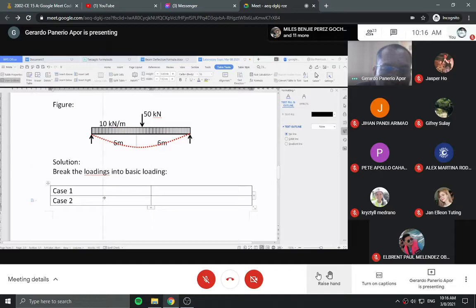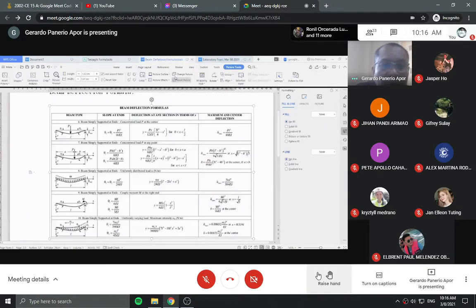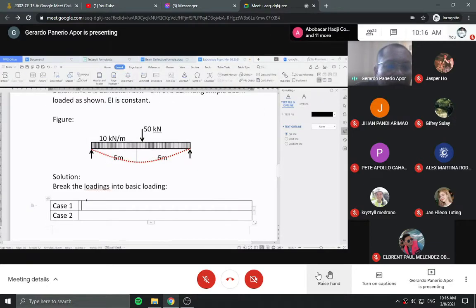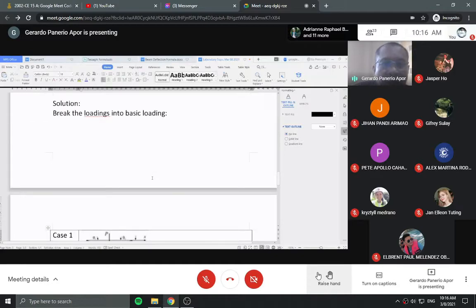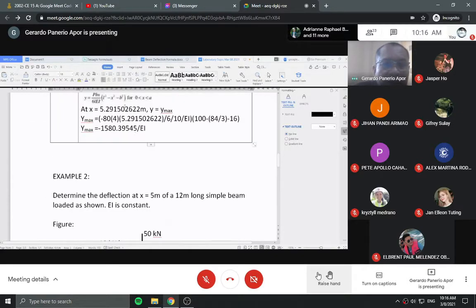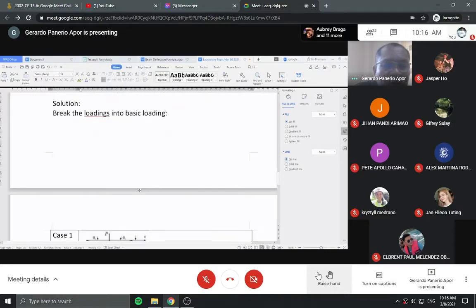Now, case number 1 is this one. That's case number 1, and its formula is this one.